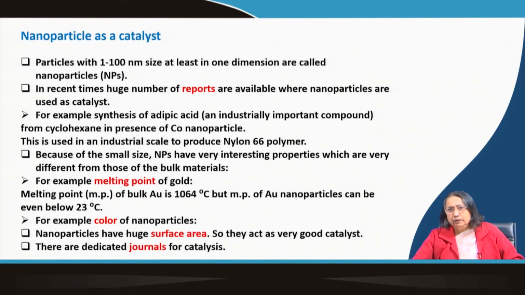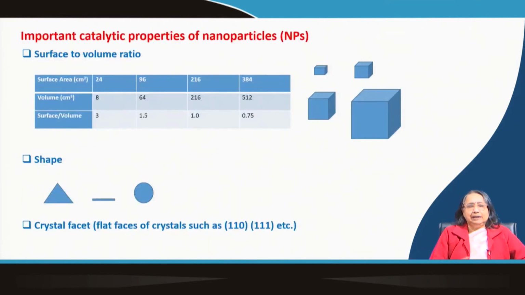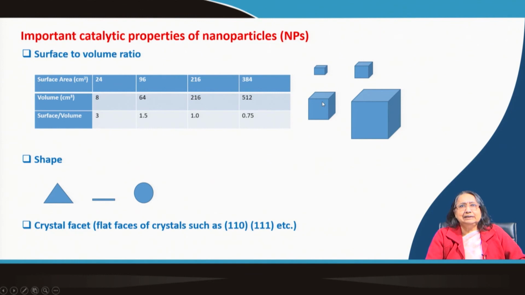Okay. Now, when I am talking about nanoparticles, you can see here how the volume, surface to volume ratio and the surface area are related. Volume means cubes, a small cube, very small, then bigger than this, then bigger than this. So, how are these three properties changing when you increase the size?